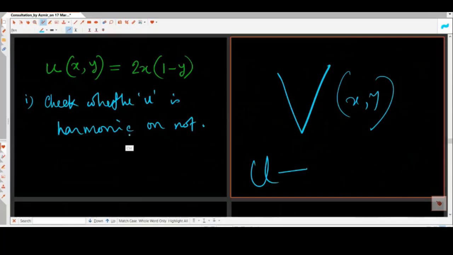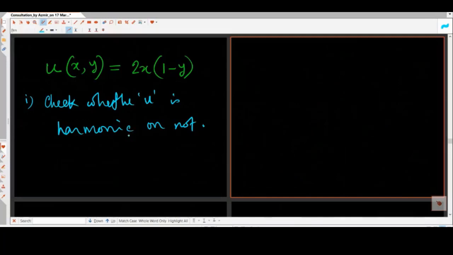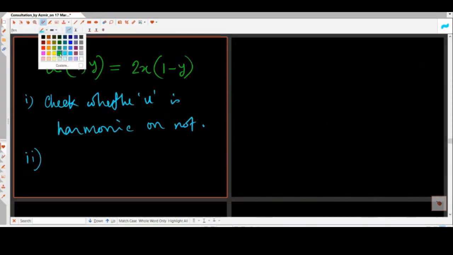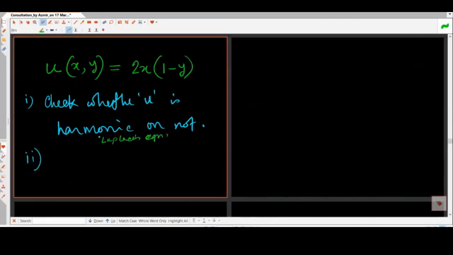So first we have to verify whether the function u is harmonic or not. That means, in other words, we can say u satisfies Laplace's equation or not. We have to check. Suppose u is harmonic.